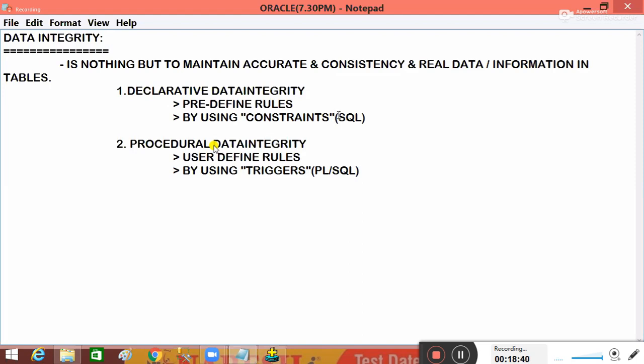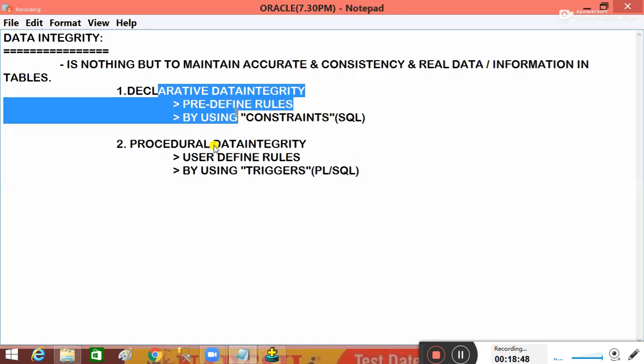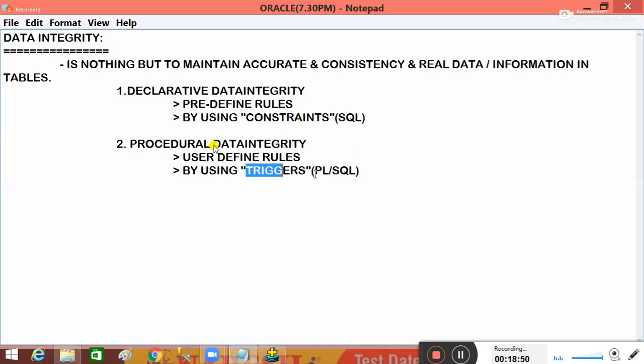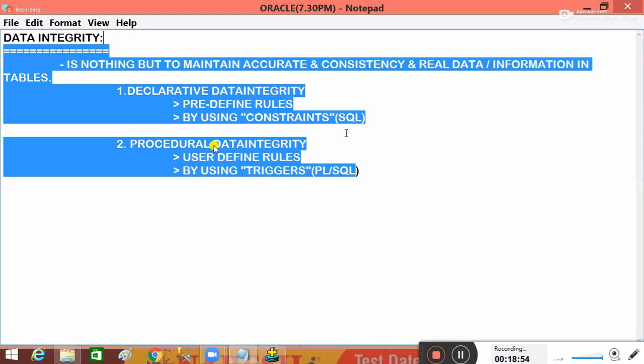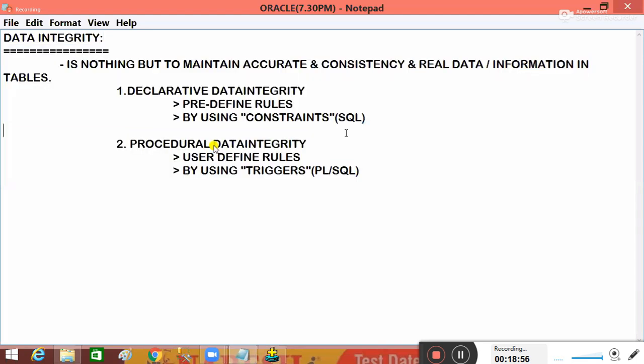Now we are still learning part one, so we are discussing constraints. Declarative we implement first, and triggers I will show you in the second part, PLSQL. After the SQL part is completed, we enter into PLSQL, and in that part we will discuss the triggers concept.